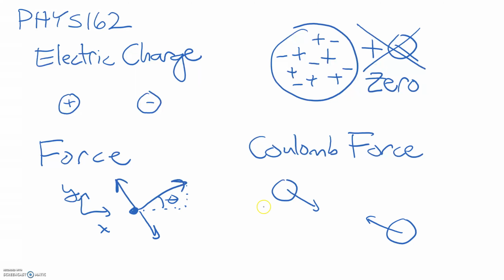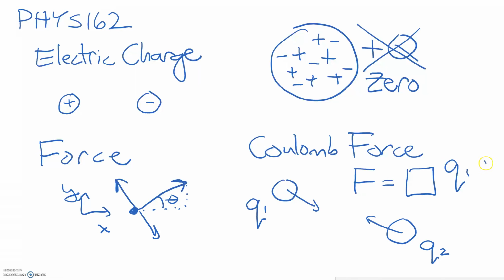But the strength of these particular arrows, if you have a net charge Q1 and a net charge Q2 on these objects, the force between them is equal to some number that makes the units turn out right times Q1, Q2, all over the distance between them, R, squared.